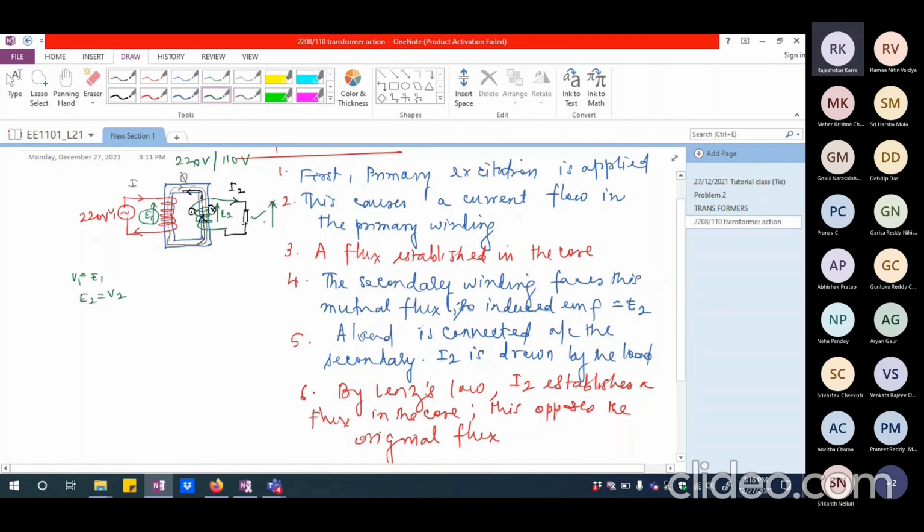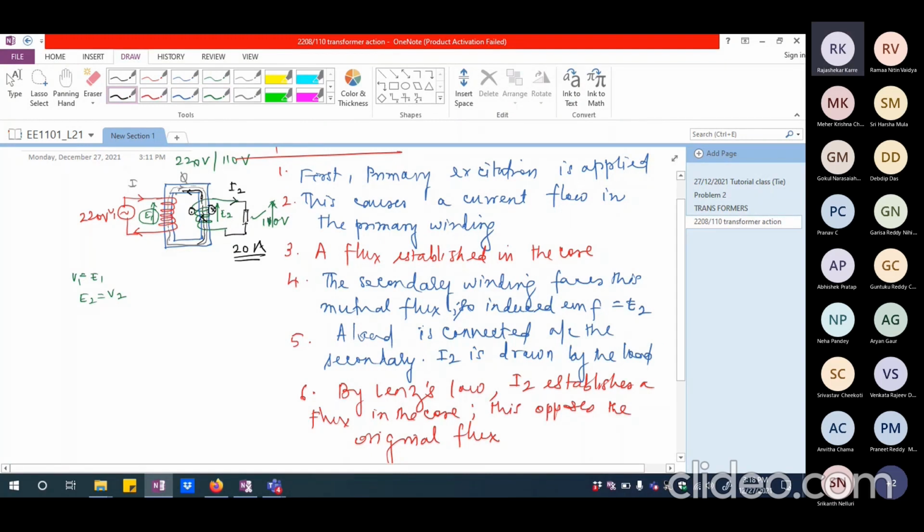But for 110 volts, I might have connected probably 11 ohm as the resistance, or maybe 5.5 ohm. So I'm going to have a good amount of current flowing. The current flowing could be as high as 10 or 20 ampere.